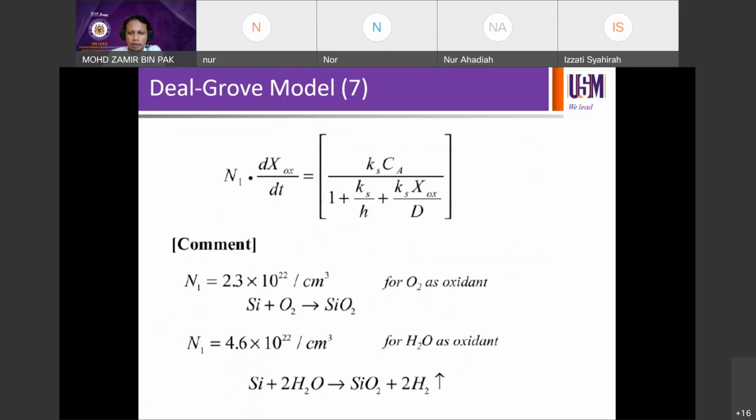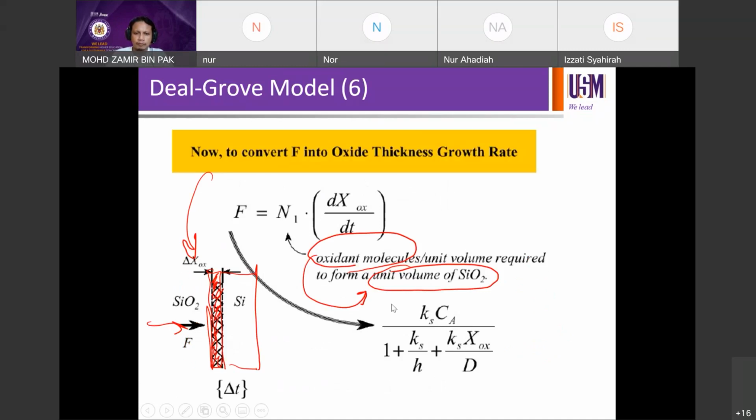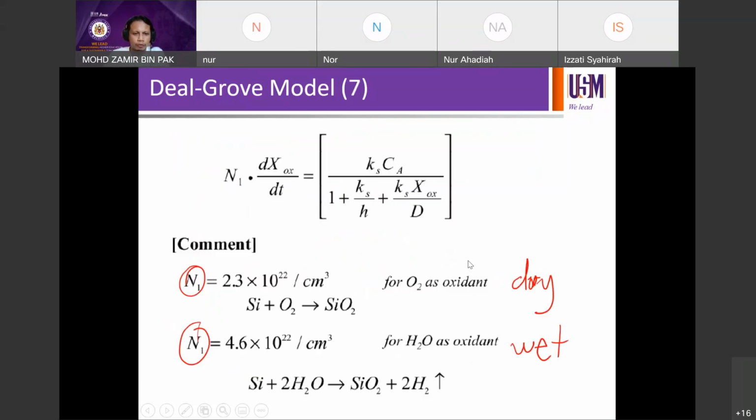it's going to be different if you use dry ox or wet ox. So if you talk about dry ox, dry is here and the wet is here. You can look at the difference here in terms of the value of N1. N1, you can go back to the previous page: the oxidant molecules per unit volume required in order to form a unit volume of SiO2. So look at the difference there.